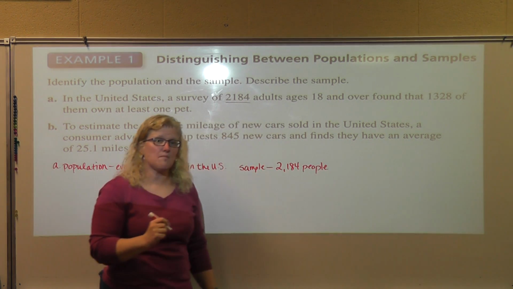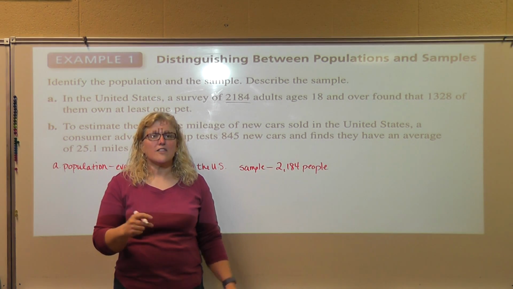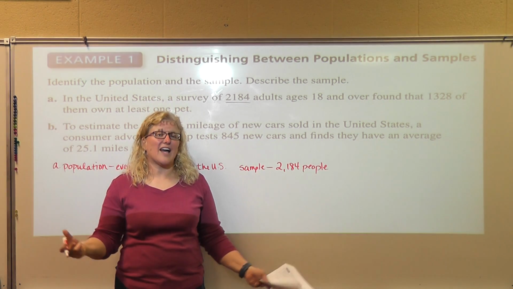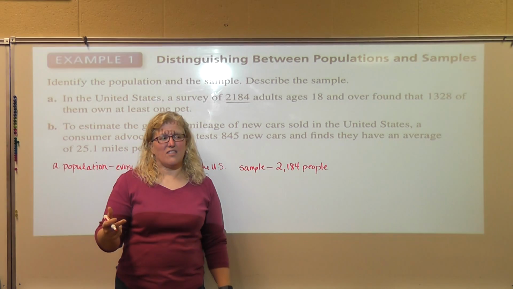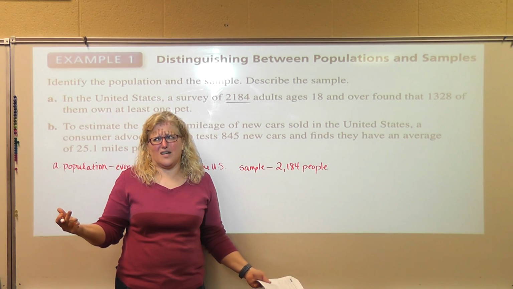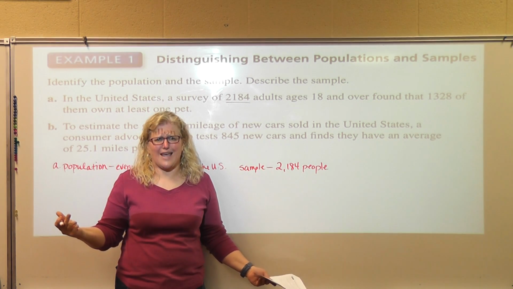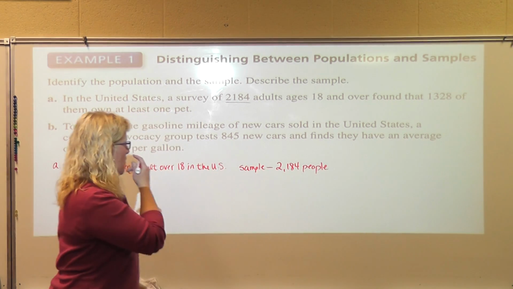Is that a large sample in the U.S.? No. So the bigger the sample, the more accurate your information is going to be. 2,184 people, that's like how many kids go to the school, less than that. So not a very big sample group.